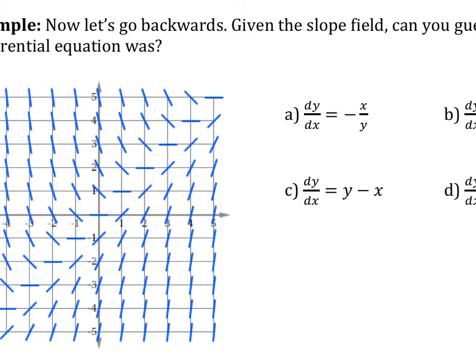This is a 1 slope, right? So at 2, 1, it's going to give you positive 1. So which one is going to give you positive 1? B or C? B. Yeah, so the answer is B. Okay, so this is how you check. Given a slope field, how do you check which one is the correct one?